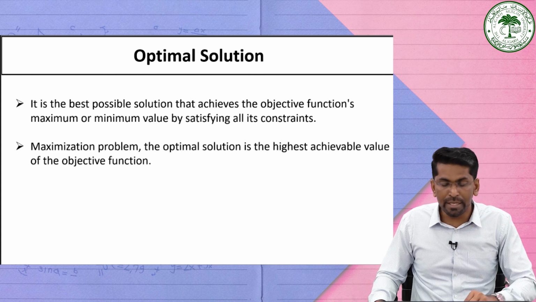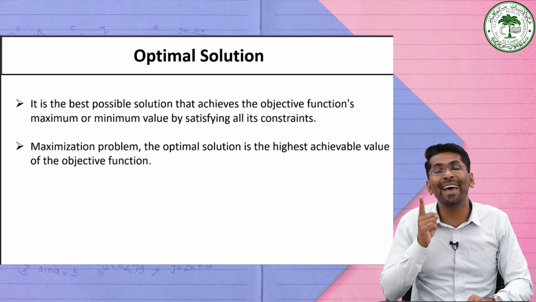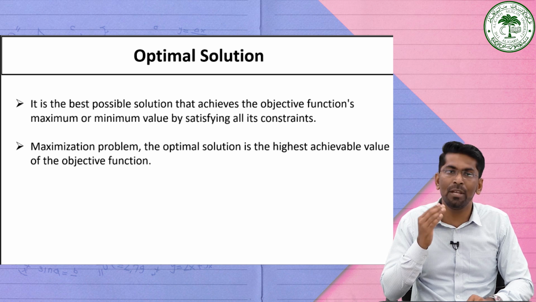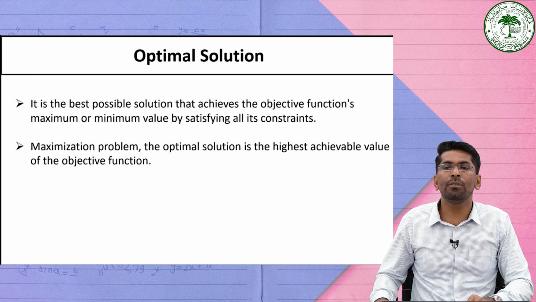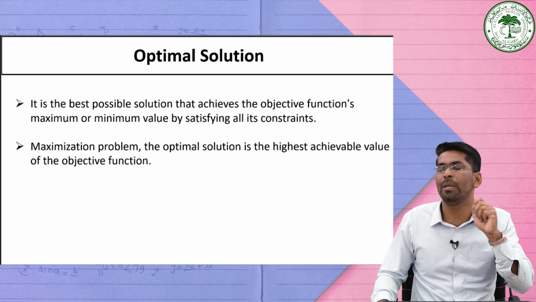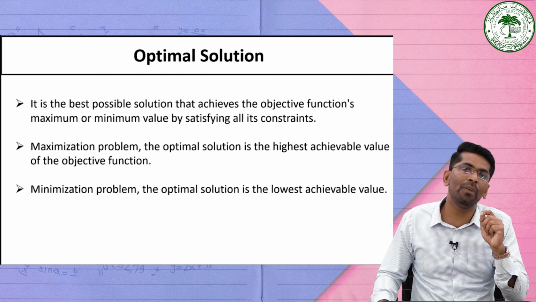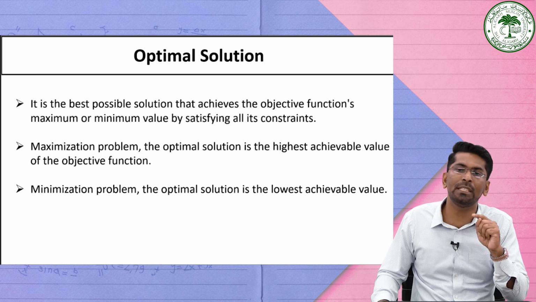For example, in the case of a maximization problem, the optimal solution represents the highest achievable value among the different feasible solutions. So in a maximization problem, the highest achievable value of the objective function within the feasible region will be considered the optimal solution. Similarly, if your problem is a minimization problem, then the optimal solution will be the lowest achievable value.